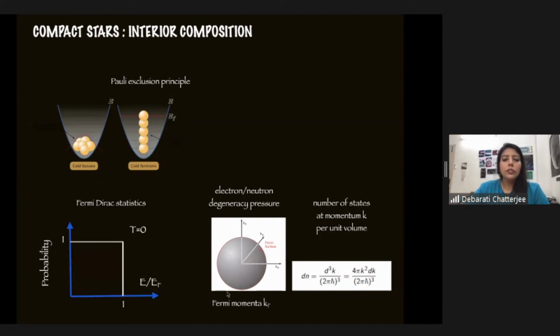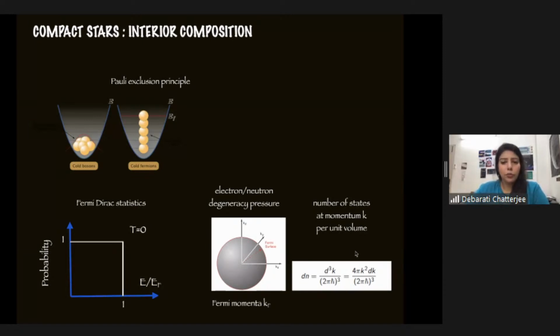So in momentum space, it can be depicted as this filled up sphere, and this sphere has a radius up to the Fermi momentum. So this is what you can imagine the energy and the momentum like. We look a little bit into the mathematics today.